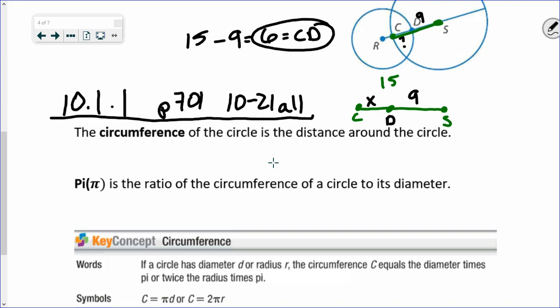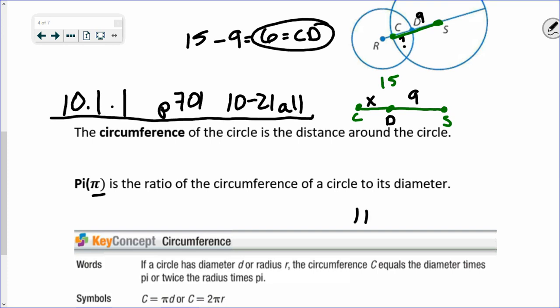Okay? And pi, we use this symbol here, and it's just the ratio of circumference to a circle's diameter. So it's the ratio of circumference to diameter, which we often just use 3.14.